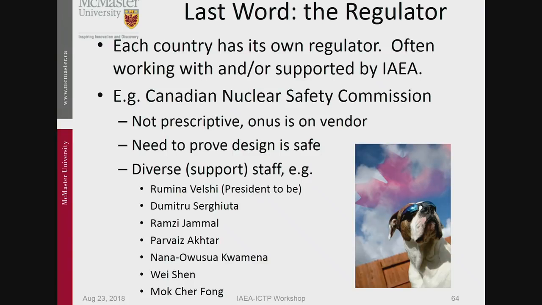And it hires people from all over the world. None of these people were born in Canada. So it is a very diverse regulator, which is very approachable. And you should consider going and working for a regulator. I'm not saying the Canadian one, but regulator is a perfectly acceptable job.